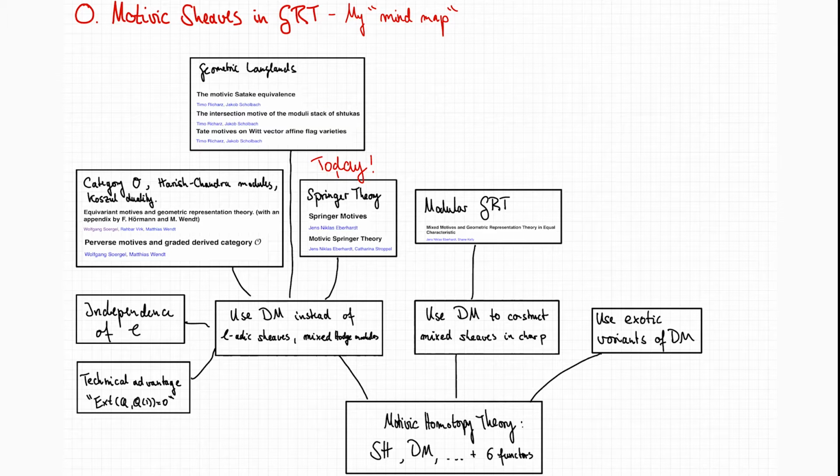Okay? And then a last idea, and maybe this ties into the first talk, is the following. In these constructions of motivic categories, DM is just one possible thing you can construct. You can also construct more exotic categories of motives, which are tied to other cohomology theories. So for example, you could say, I'm interested in K-theory, and lots of people in geometric representation theory are interested in K-theory.